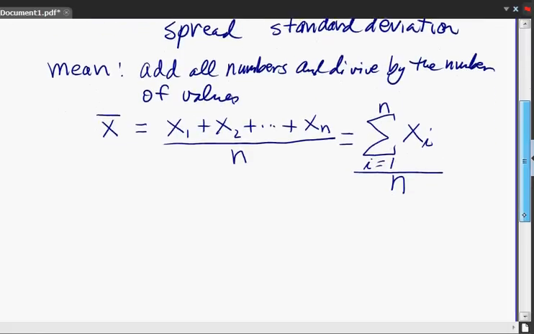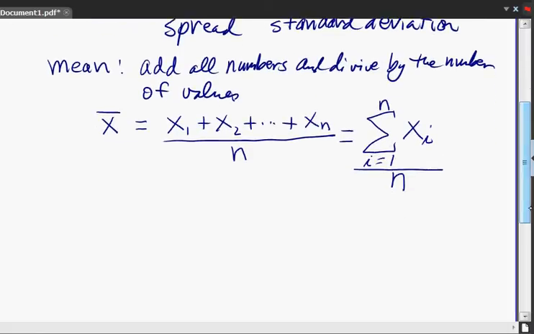So let's do this with a small set of numbers. I think I'll use 5 numbers. I have to have a small set of numbers because we're going to do standard deviation with this in just a minute. So we'll do the numbers 2, 7, 7, 9, and I guess I want something fairly symmetric, so 11.